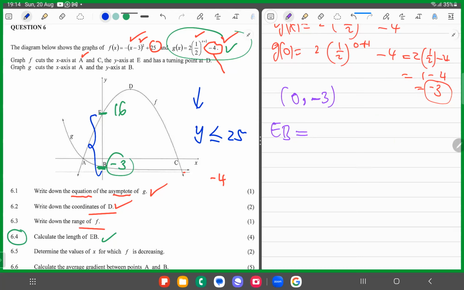It means you have the distances. So it's going to be 16 minus minus 3, which means 16 plus 3, which is 19. So at this point this one is 16, this one is minus 3, so you add them up, it gives you 19 units.